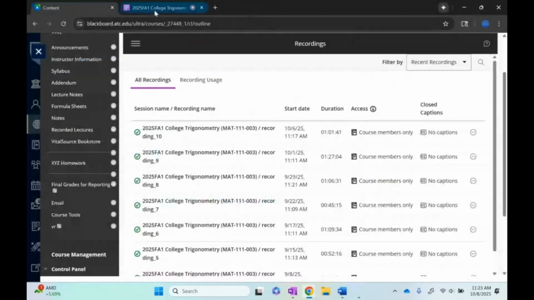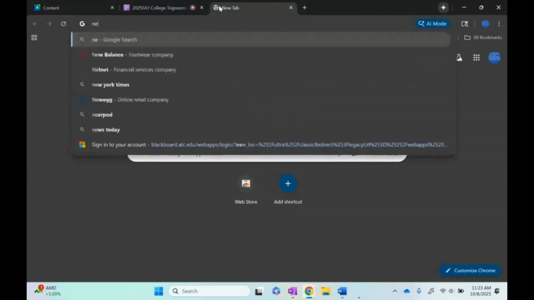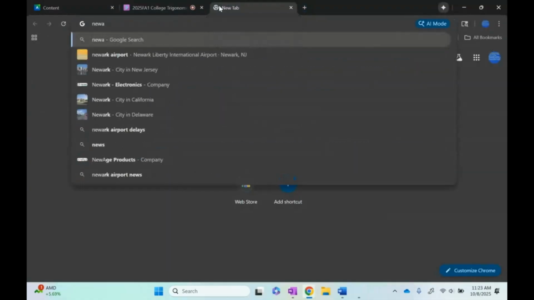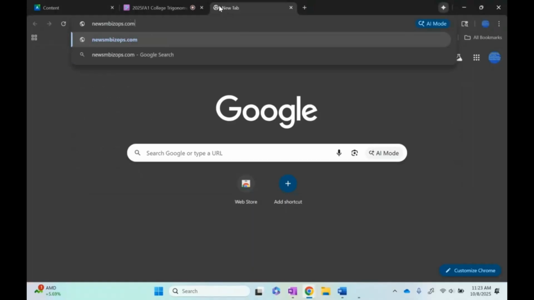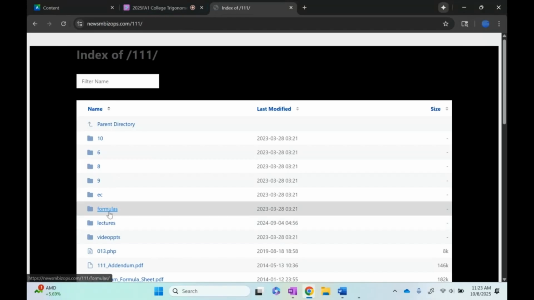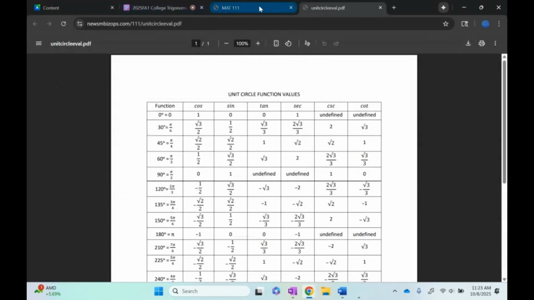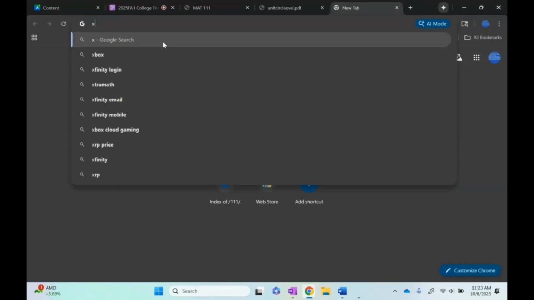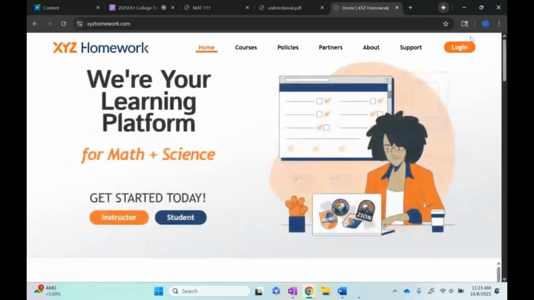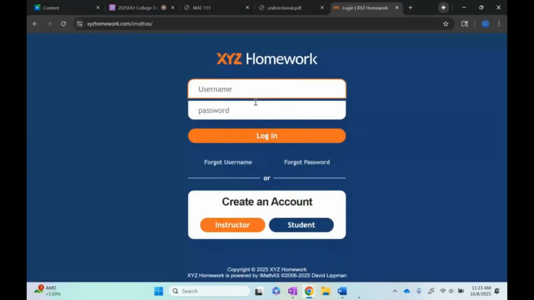So I'm going to pull up the function values chart. Formula sheet. Now they actually give you one in the homework, but for whatever reason, when I tried to print that out, it did not print out right. Okay, let me just bring this up real quick.